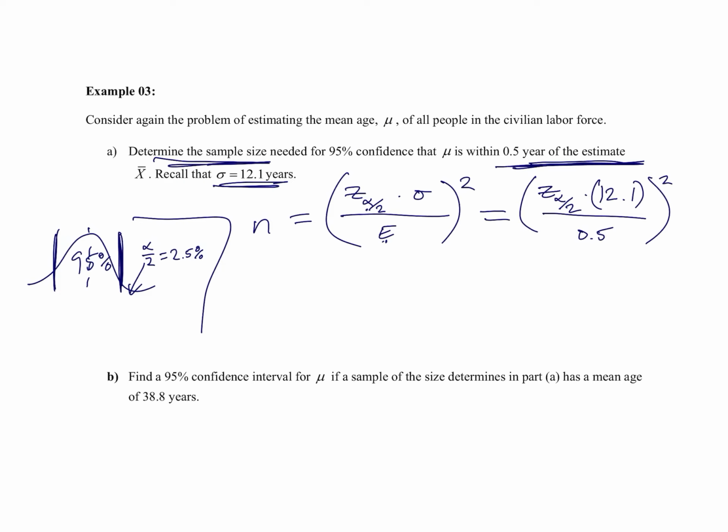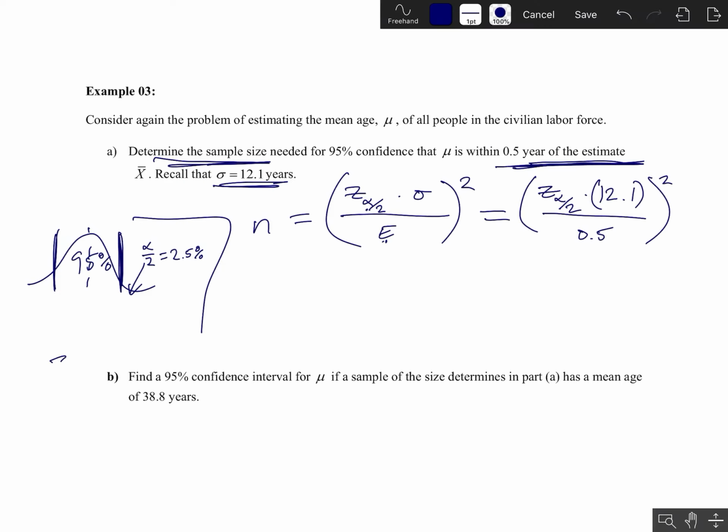So this would be 1.96 as the z times 12.1 all over 0.5 squared. And now maybe let me plug that into a calculator real quick.